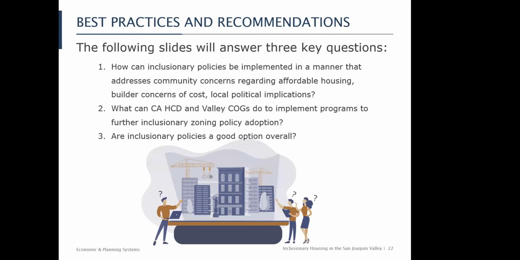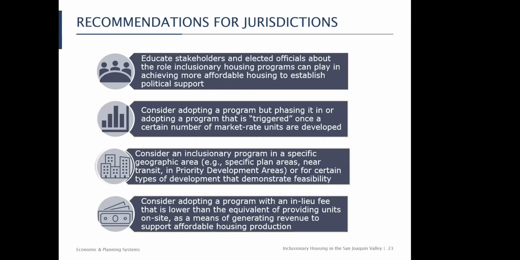We were also asked to brainstorm recommendations for jurisdictions, COGs, and HCD. And for jurisdictions, we've got 4 items here. Education really is key: knowing how inclusionary works and under what circumstances it can be effective, and making sure that elected officials also have that education. And if you're one of those cities where inclusionary may be effective, you can consider adopting a program, but phasing it in so that it doesn't hit the market all at once.